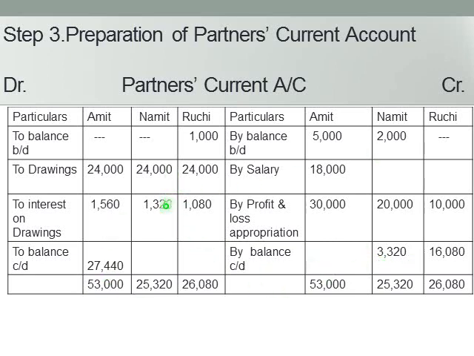You will add up all items on the debit side and deduct items on the credit side to obtain this figure. Next, Ruchi is also having a debit balance. You will add up all the items on the debit side and deduct items on the credit side. Then only you will be able to obtain this amount.